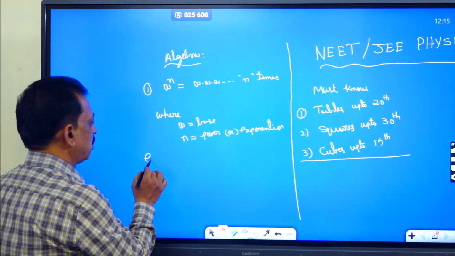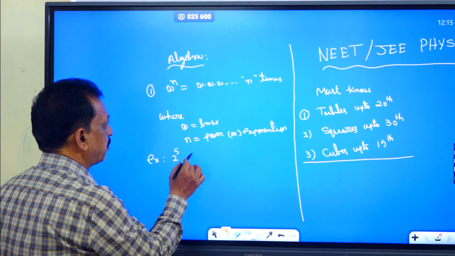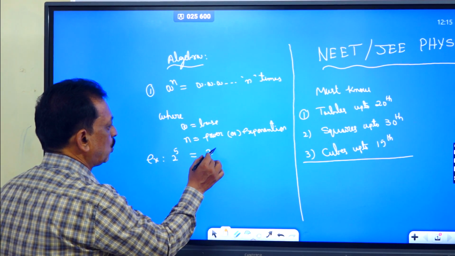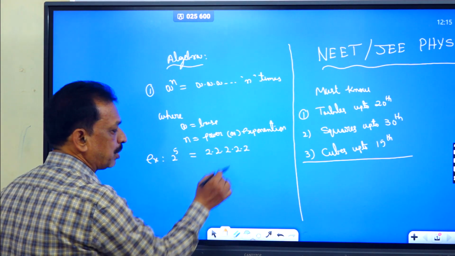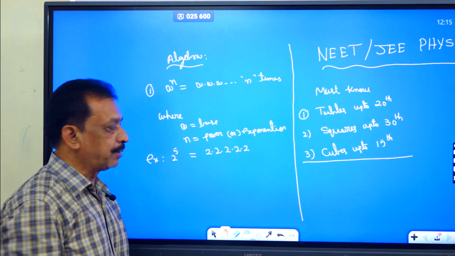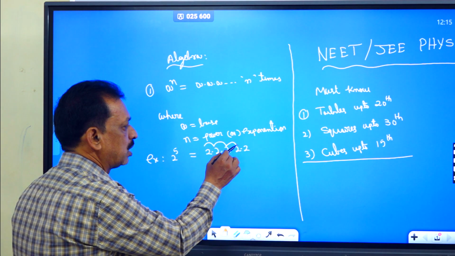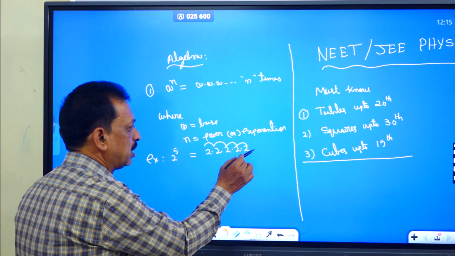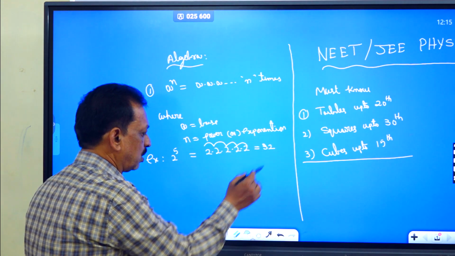So for example, 2 to the power of 5 can be written as 2 into 2 into 2 into 2 into 2. So you repeatedly multiply 2 five times: 2, 4, 8, 16, 32.